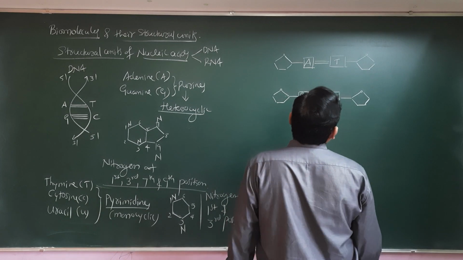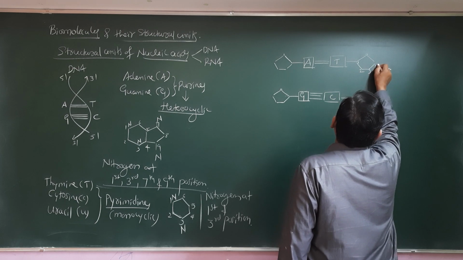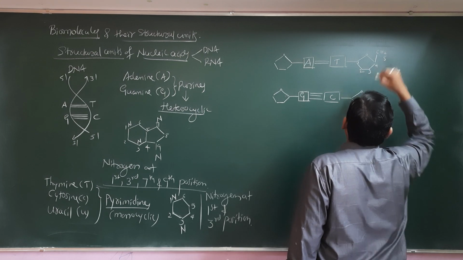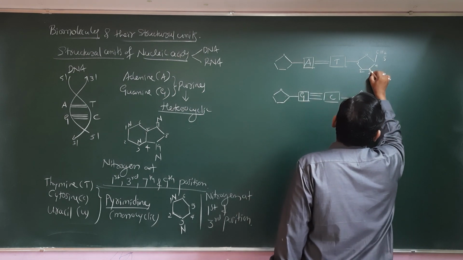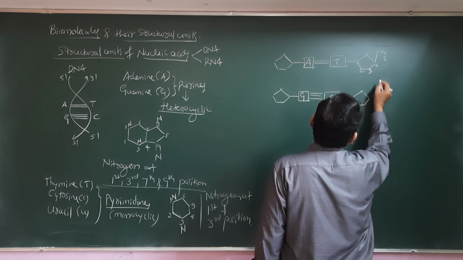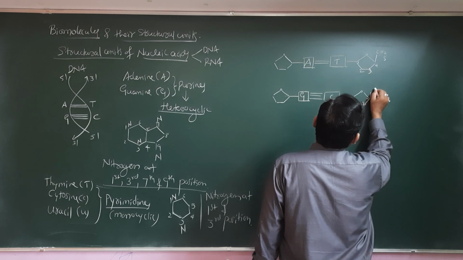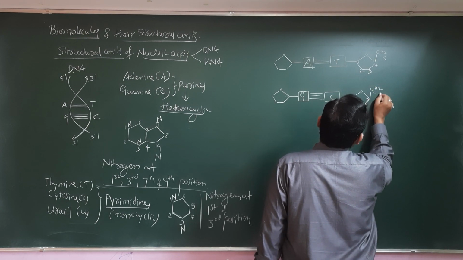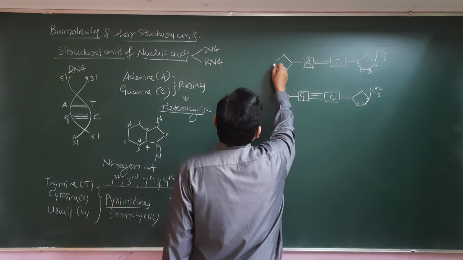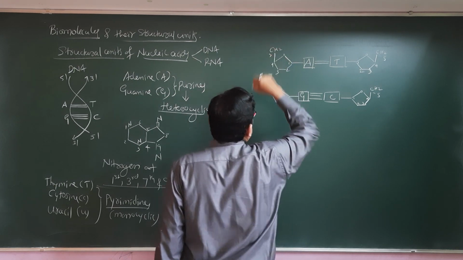Here the sugar has the first carbon, second carbon, third carbon, fourth carbon, and here the CH2 is the fifth carbon. Similarly, the OH group will be there. In each of the other sugars too, there are the first, second, third, fourth, and fifth carbon, where CH2 is the fifth carbon.